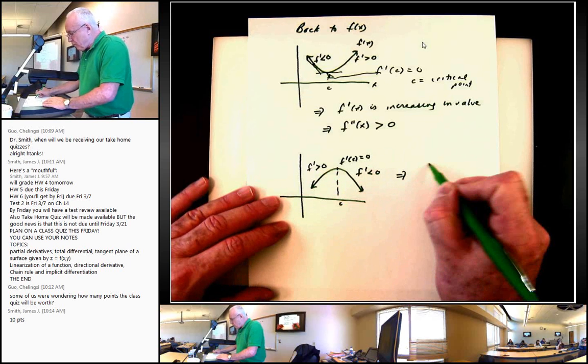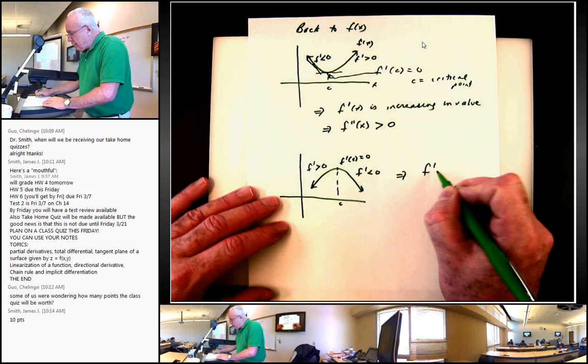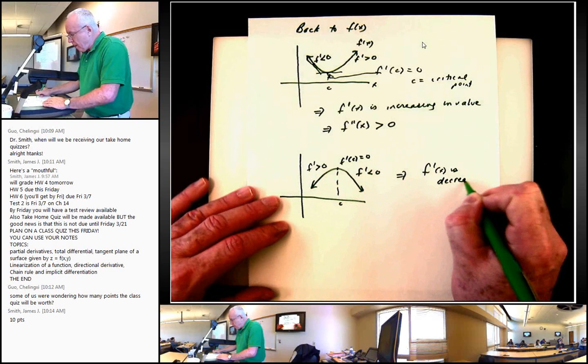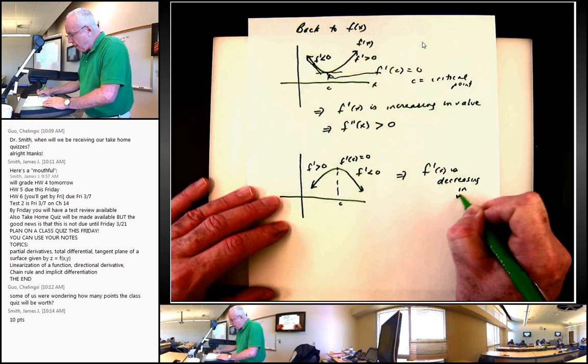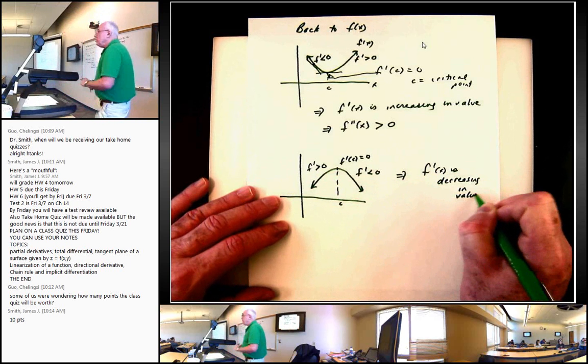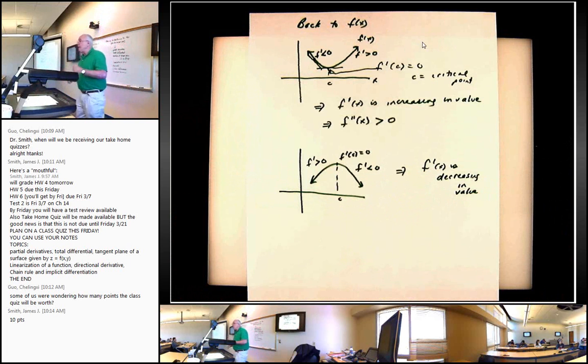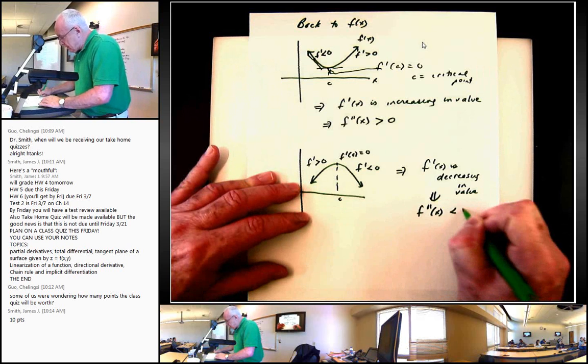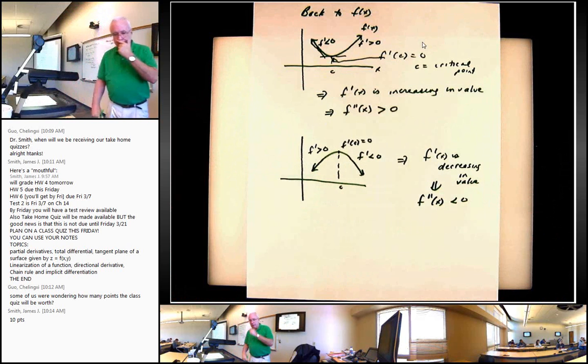So therefore, our first derivative is decreasing in value. And if a function is decreasing in value, the value of its derivative is going to be negative, right? So therefore, f double prime is less than 0, right?